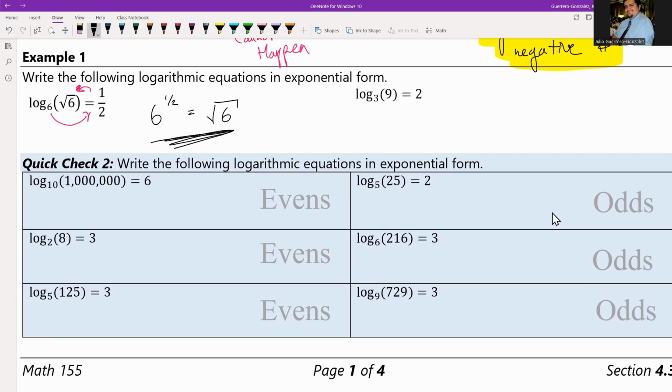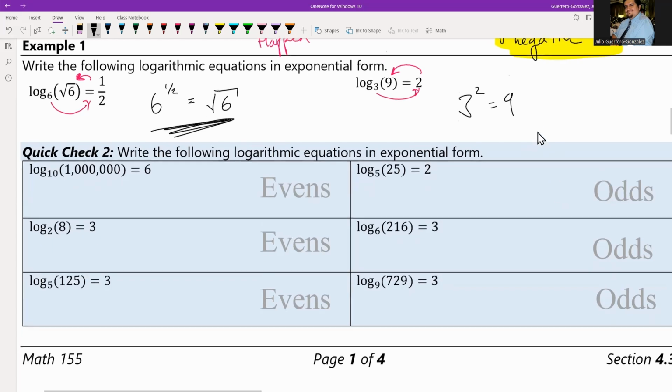This is completely correct. This one, same thing. This to that power has to equal that. So the appropriate exponential version: 3 to the 2 is equal to 9. No duh. If you take 3 squared, that's 3 times 3, that's 9. Great. Okay, moving on.